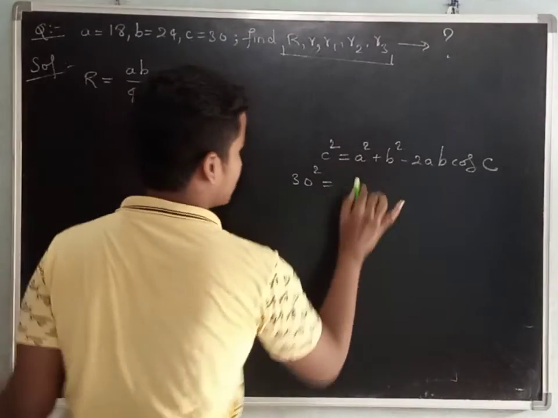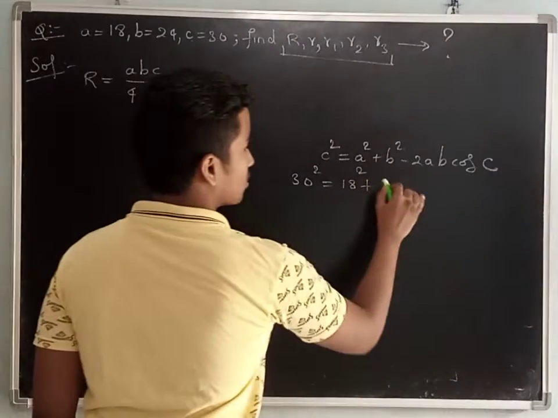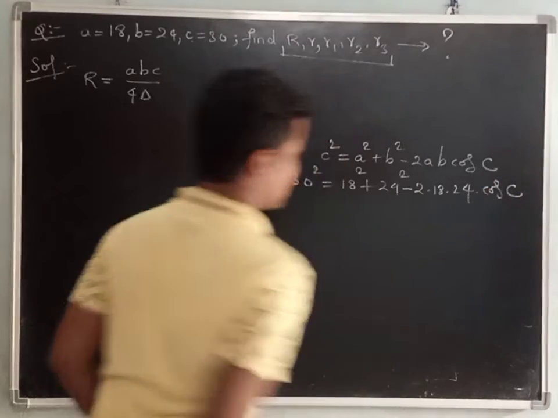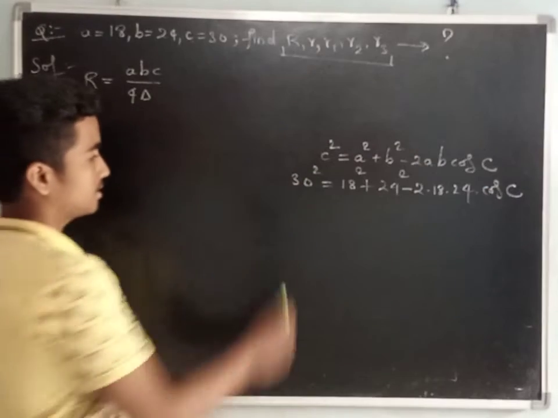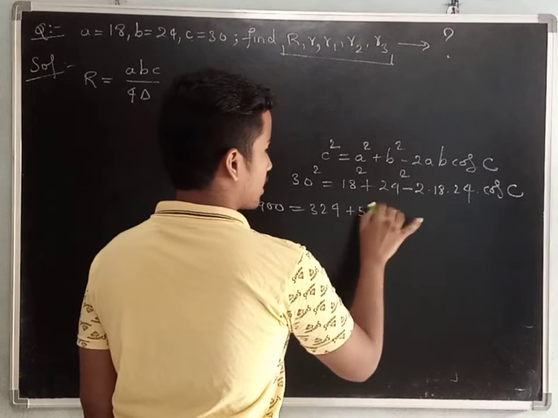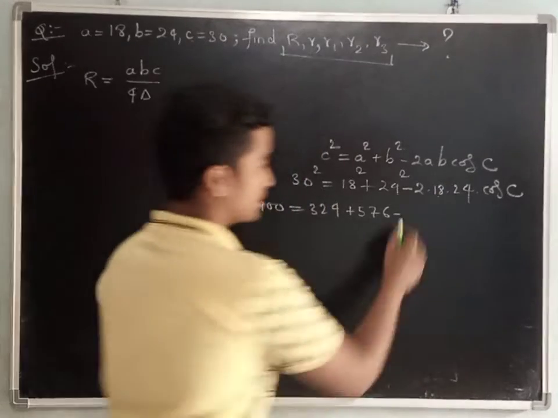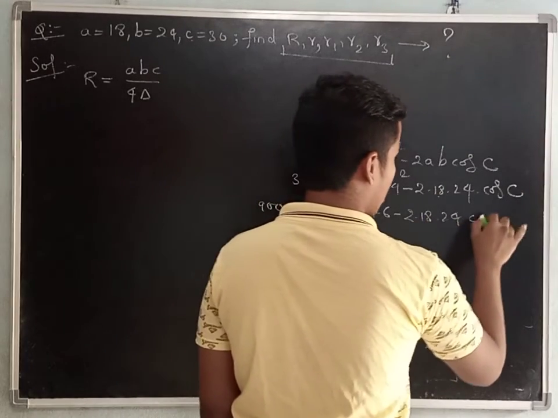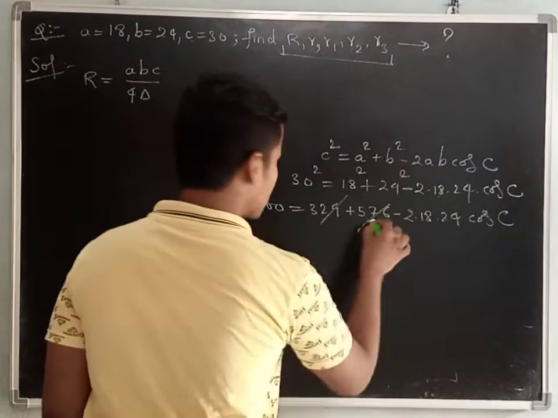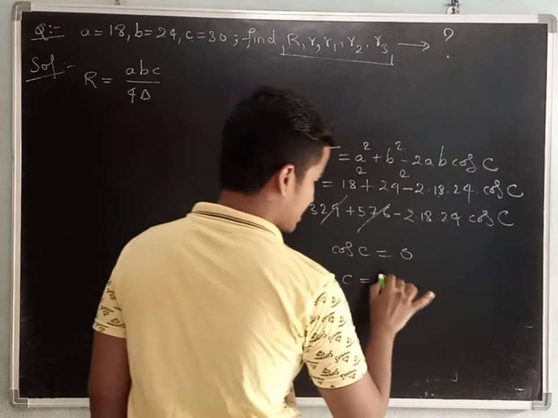So 30 square is equal to 18 square plus 24 square minus 2 into 18 into 24 into cos C. 30 square is 900, equal to 324 plus 576 minus 2 into 18 into 24 into cos C. 324 plus 576 is nothing but 900, so these two get cancelled. It means cos C is equal to 0. It means C is equal to 90 degrees.